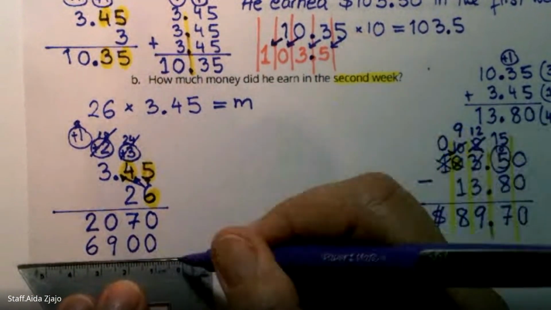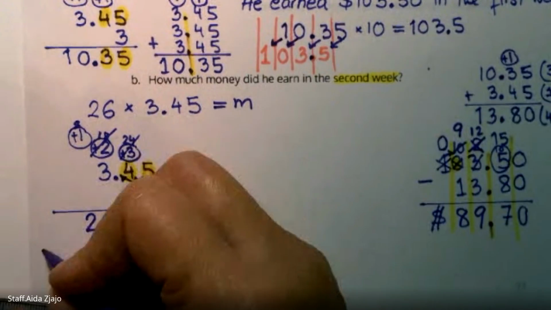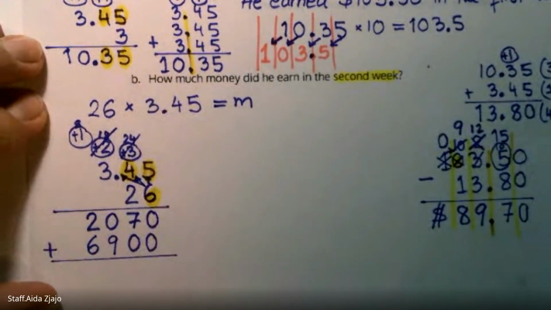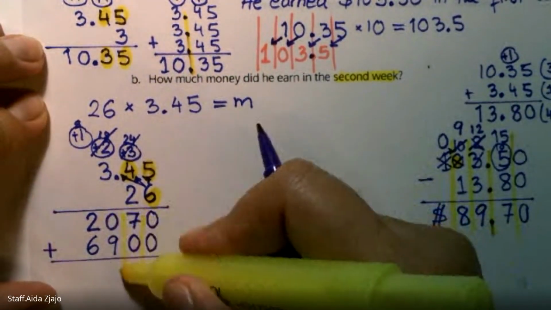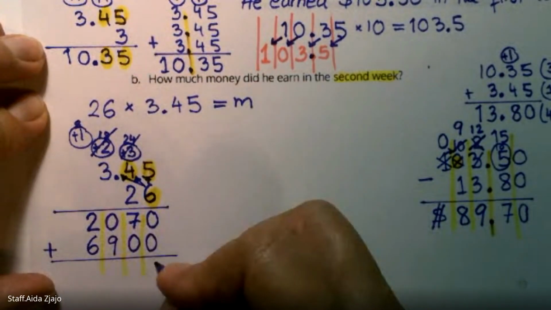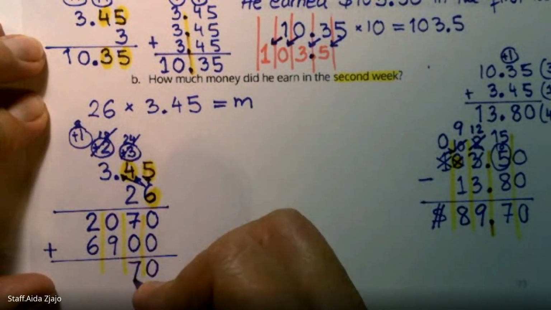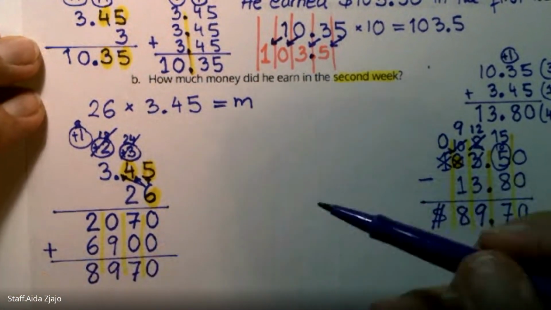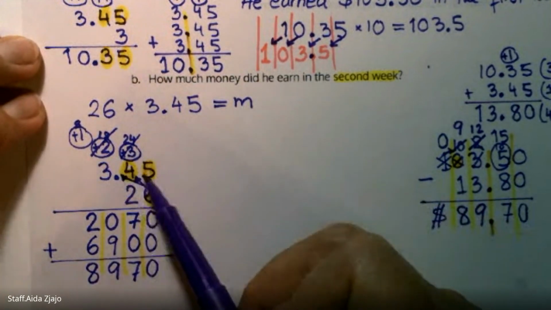So now when I underline and add, 0 plus 0 is 0, 7, 9, 8. And now I need to include that these were hundredths.